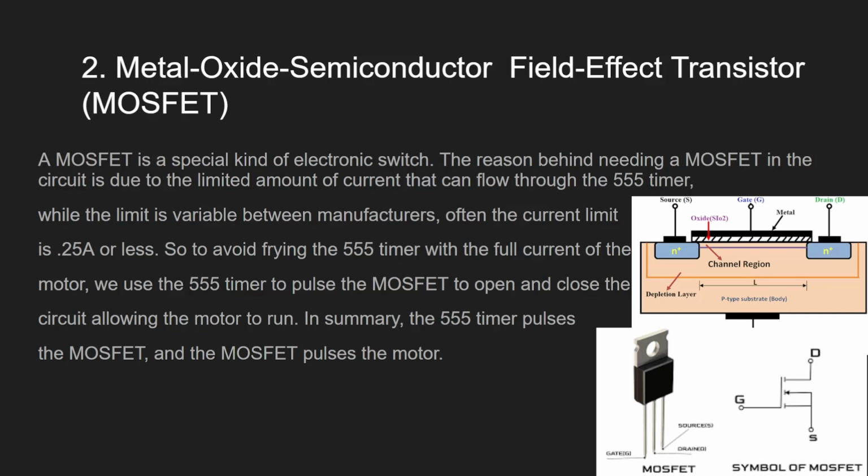While the limit varies between manufacturers, often the current limit is 1/4 of an amp or less. So, to avoid frying the 555 timer with the full current of the motor, we use the 555 timer to pulse the MOSFET. Remember, it's a switch that is controlled electronically to open and close the circuit, allowing the motor to run. In summary, the 555 timer pulses the MOSFET, and the MOSFET pulses the motor.